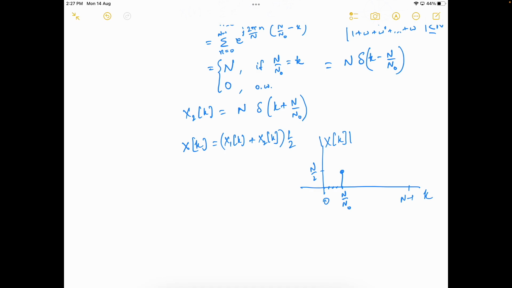That's why N minus N upon n naught also becomes important. So I get 2 peaks, everywhere else it is 0.